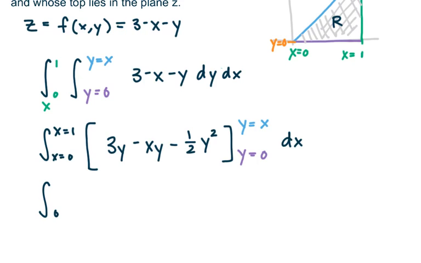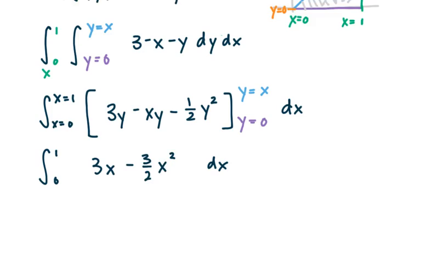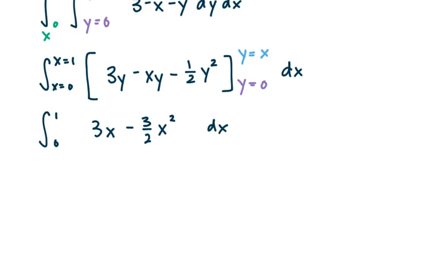So I've got the integral from 0 to 1 of 3x minus x squared minus 1/2 x squared. Negative 1 minus 1/2 is negative 3/2 x squared. So we always have some algebraic simplification in there. I guess I don't need these square brackets anymore. So now we integrate with respect to x.